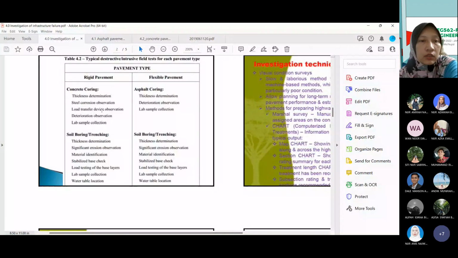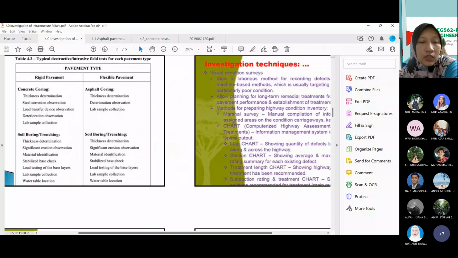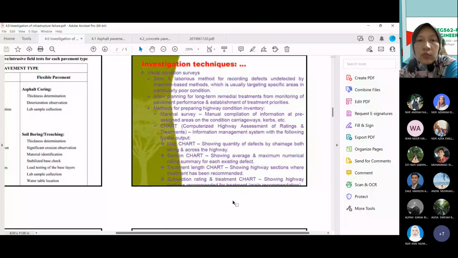The sample needs to be taken from the site and brought to the lab to determine some parameters, for example, the thickness, the material identification, the load testing of the base layers, and the water table location. So these are the destructive tests. If you have a destructive test, it means you have to spend more money to get the sample.